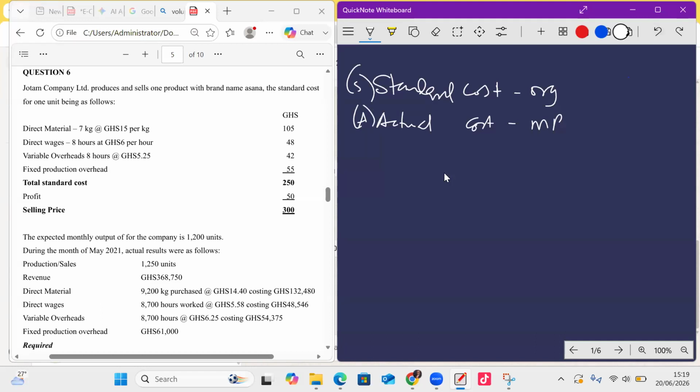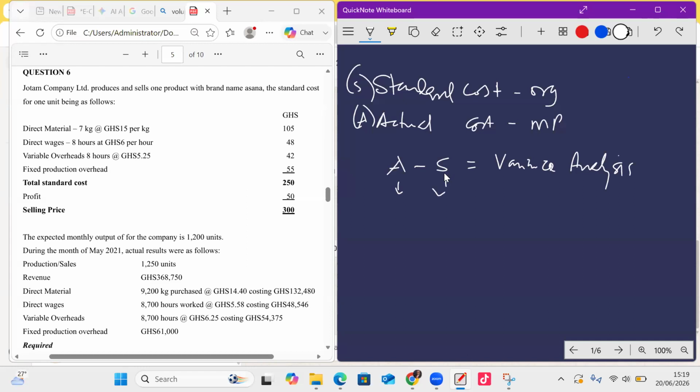And then when we compare the actual costs and the standard costs, the difference is called variance. So variance analysis is finding out the difference between what the organization sets as its standard and what is actually the price on the market.